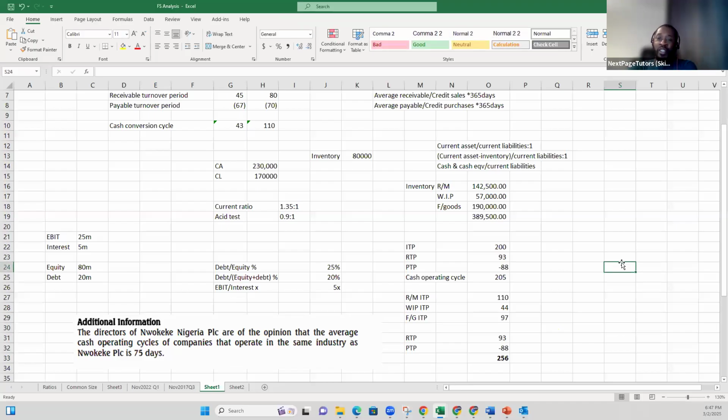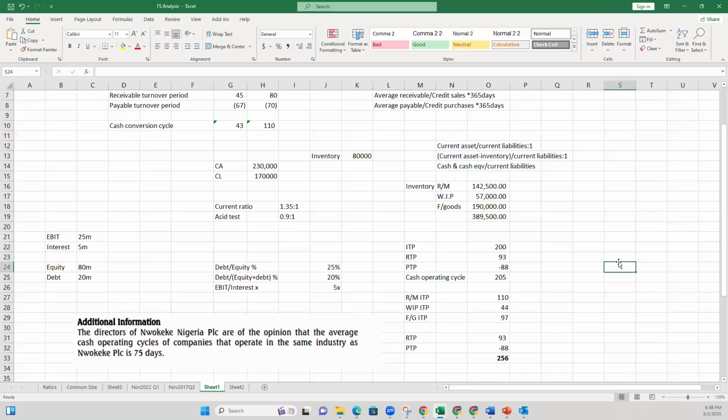So read the additional information and speak to the final answer. Raise your hand. Let me call you to do that if you're interested. Or I'll call names randomly. Okay, so we have Adebimpe. You want to speak to the final answer? Very good. So read the additional information and speak to the final answer, please.